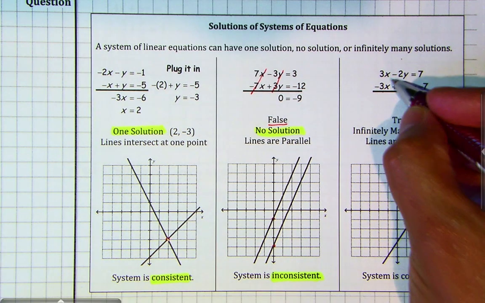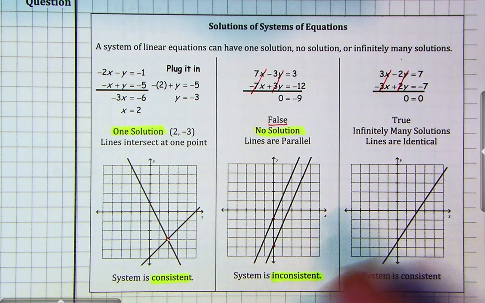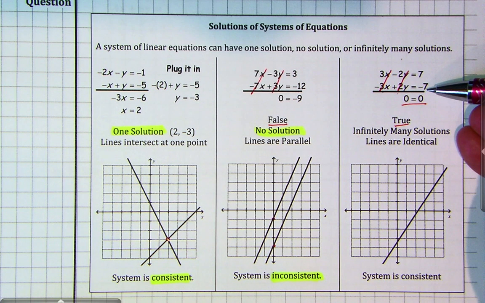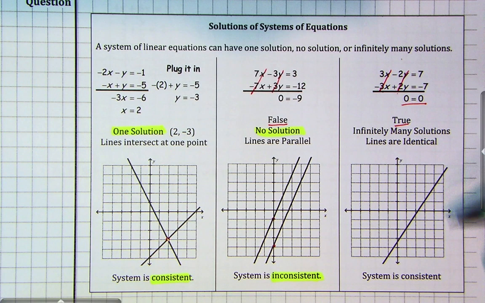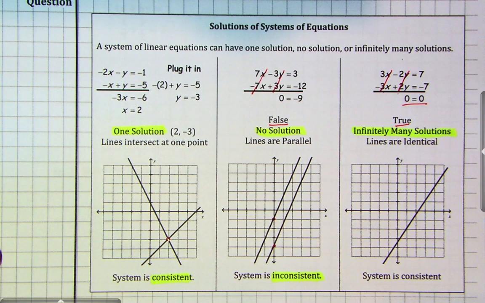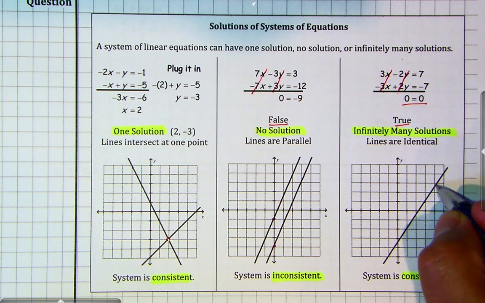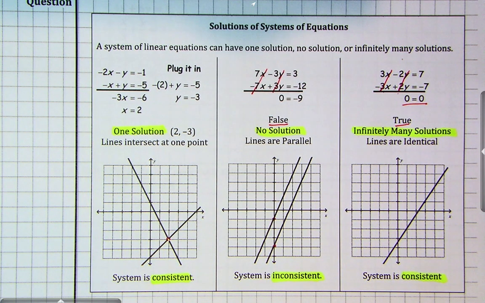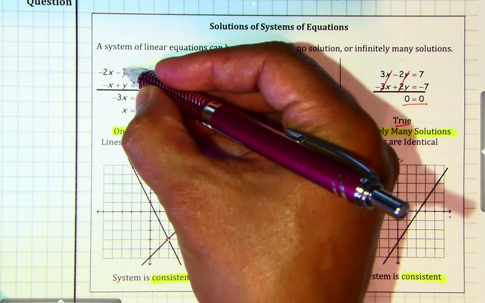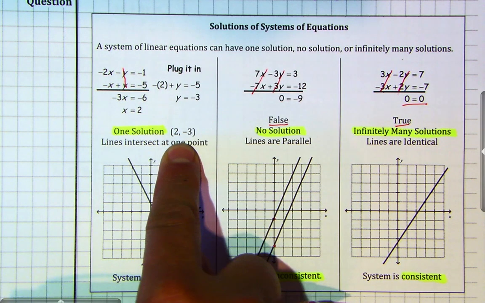If your x's and y's cancel and you end up with an equivalent statement, they represent the same line, which means there are infinitely many solutions and your system is consistent. All the points on the line are solutions. And remember, whenever only one cancels, your x's or your y's, you do end up with one solution.